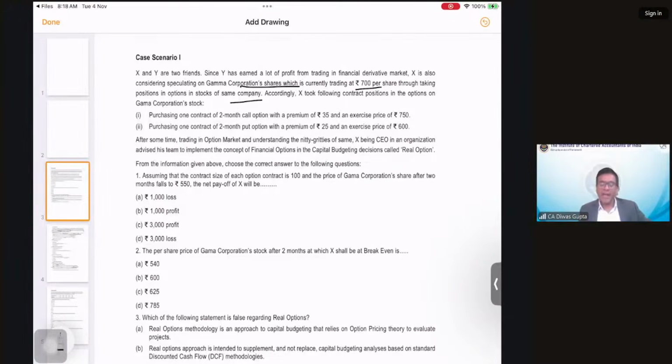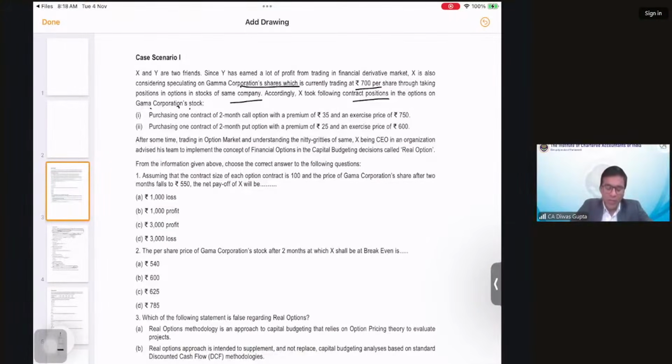So accordingly, X took the following contract positions in the options on Gamma Corporation's stock. Now, if you see, X and Y are two different individuals. Y has already earned a lot of profit. X is in the planning phase.